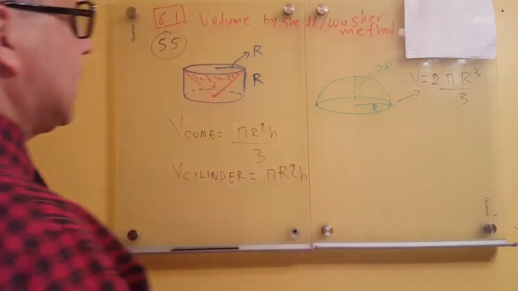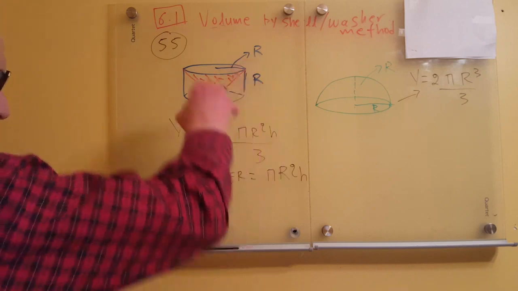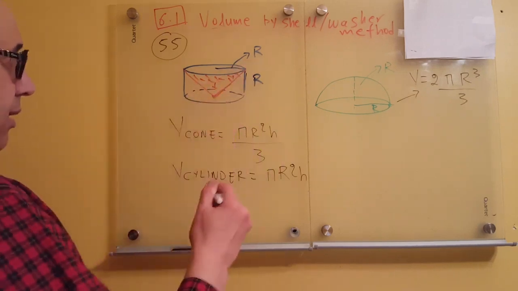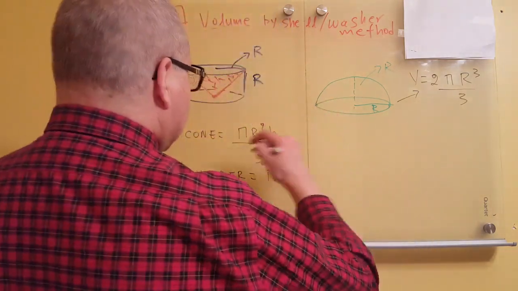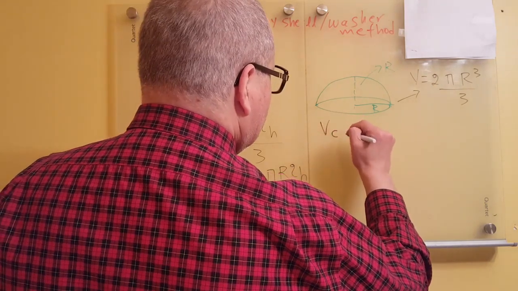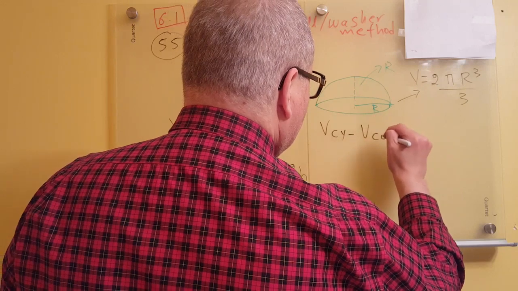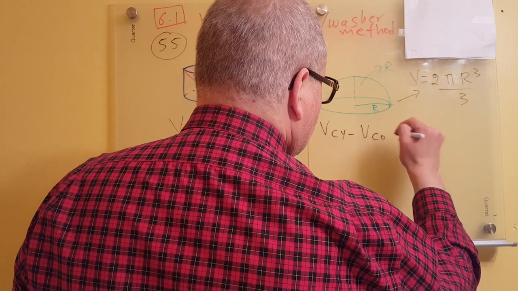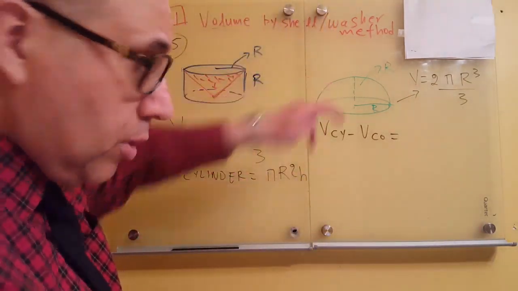So that means that if this here is correct, when you subtract the volume of the cone from the volume of the cylinder, that should give you the volume of what is left, which is supposed to be equal with this.